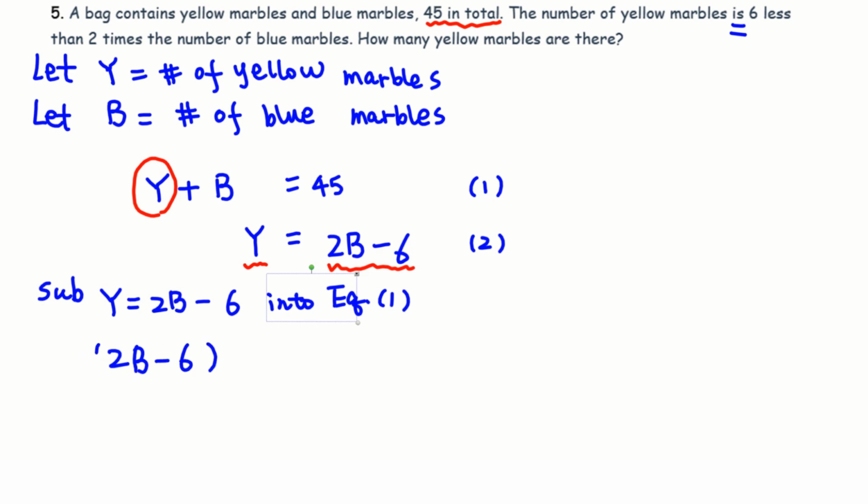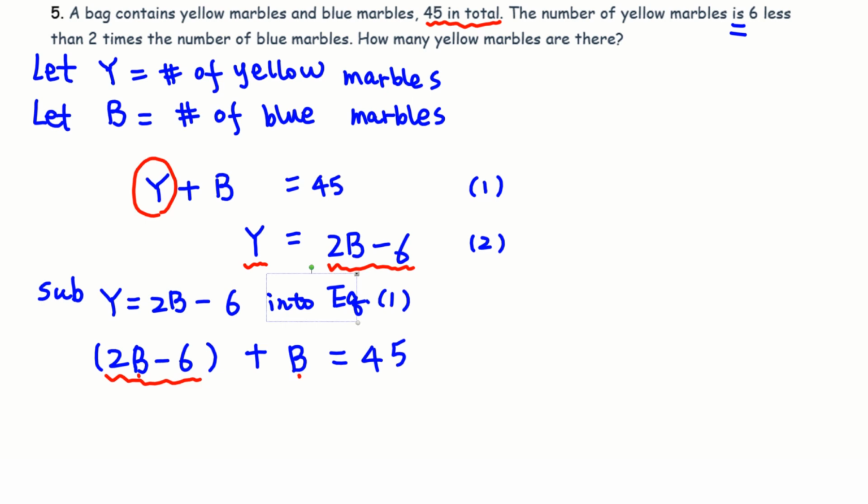Then copy the other part of this equation, plus b equals 45. Only the y is replaced by its equivalent. The reason we want to do it is because now we have 1 letter left. 2 letters in 1 equation, we don't know how to solve. With the same letter b left, 1 variable, we can solve it.